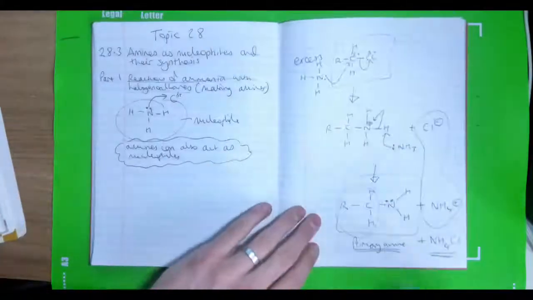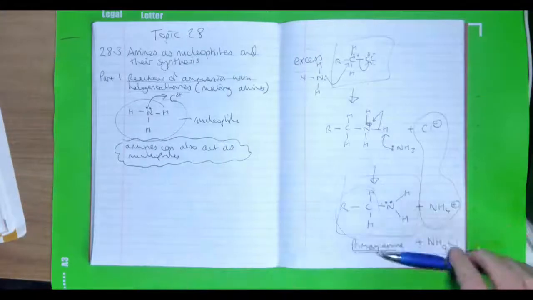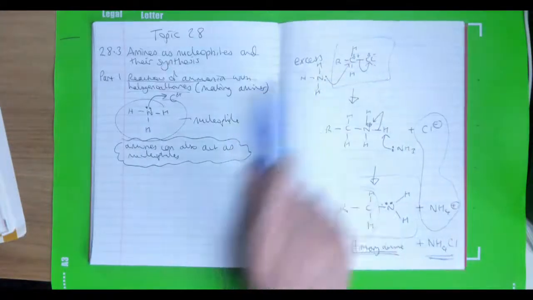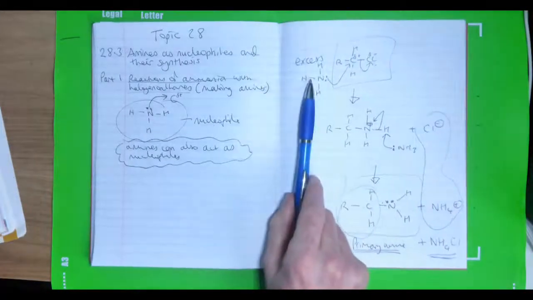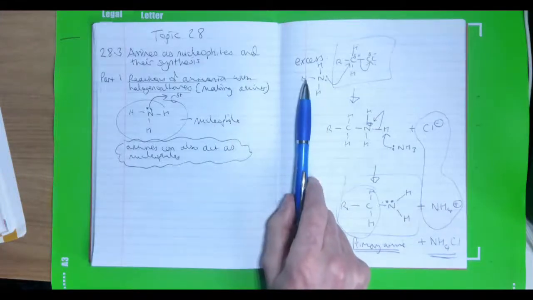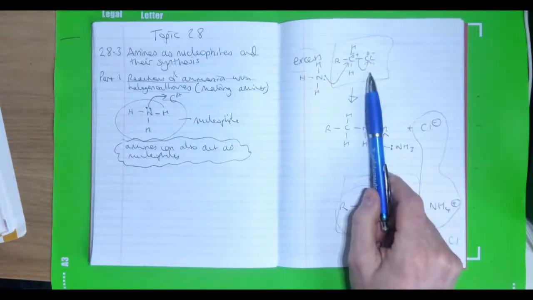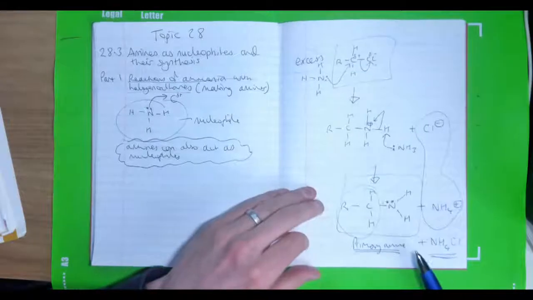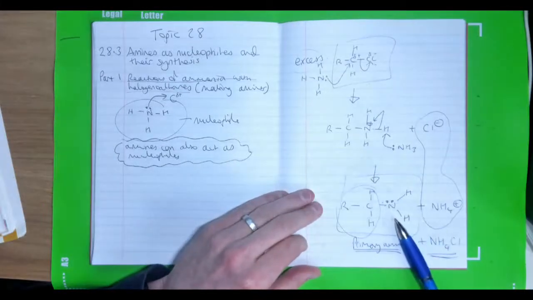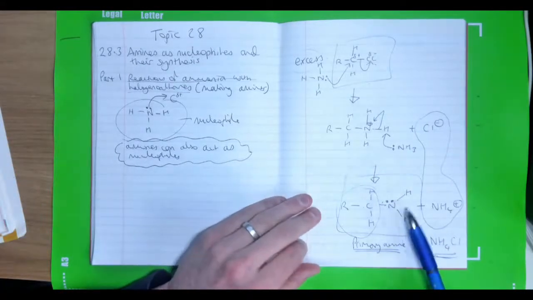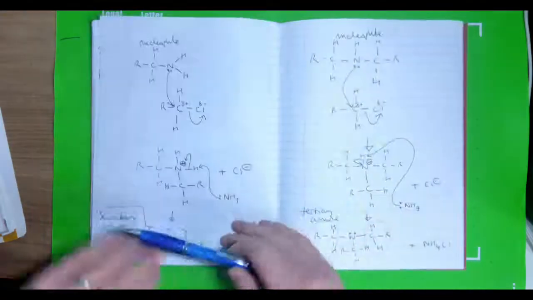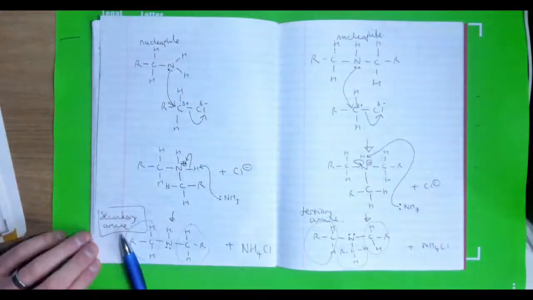So in effect, that reaction that you learned in year 12, where we use excess ammonia, if we didn't use excess ammonia, and instead we had extra haloalkane, then the haloalkane will react with the primary amine product, where the primary amine acts as a nucleophile, to produce a secondary amine.